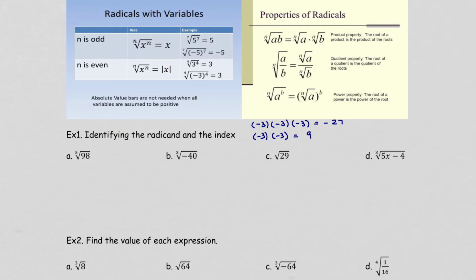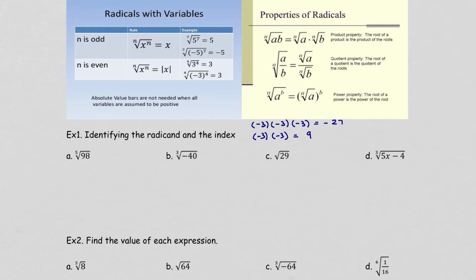So that's the reason behind it: when the index is odd, you will get a negative solution when your value inside is negative. When the index is even, you will get positive solutions even though the value inside of the radical is negative.